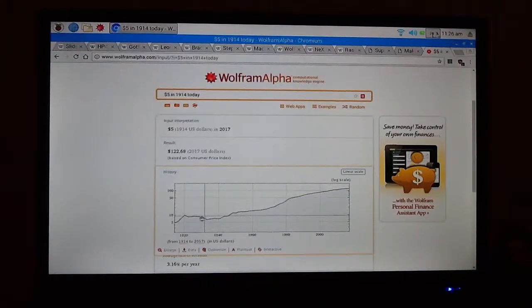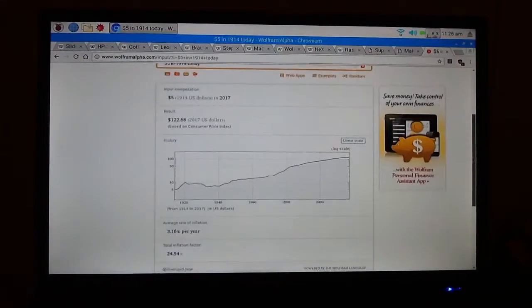And you can see during the Great Depression, it actually went down a little bit and then back up and started up after World War II. It really began to go. And in fact, it tells you that the average inflation rate over that period of time, which is over a century, is 3.16% per year. So that's how much we've had inflation, which, by the way, if you understand money, is an ideal inflation rate for a good money supply.